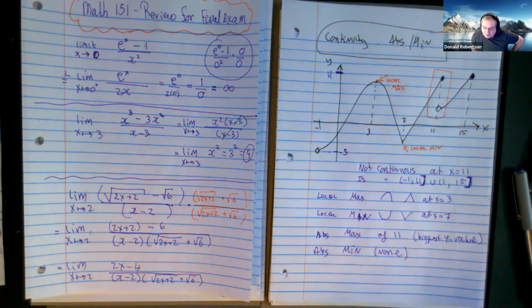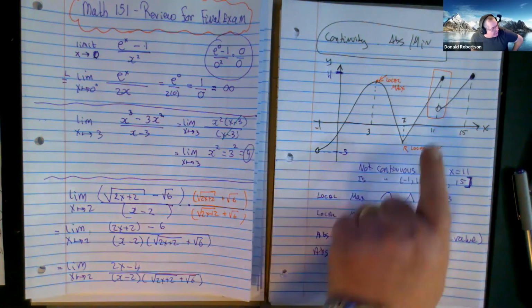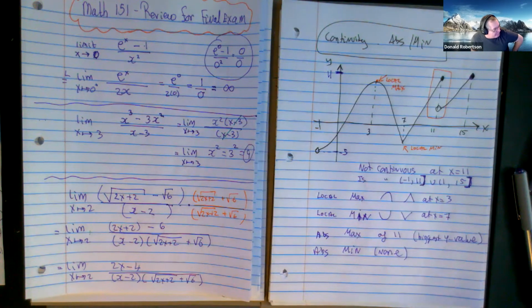In WebAssign, they would call that a local max. I wouldn't, but they would. But if on the final exam you want to call that a local max, I will give you the points for it. So you don't need to worry about which school of thought. Whichever school of thought you've decided to join is fine.